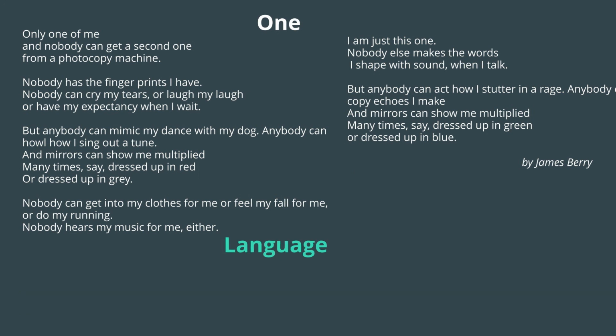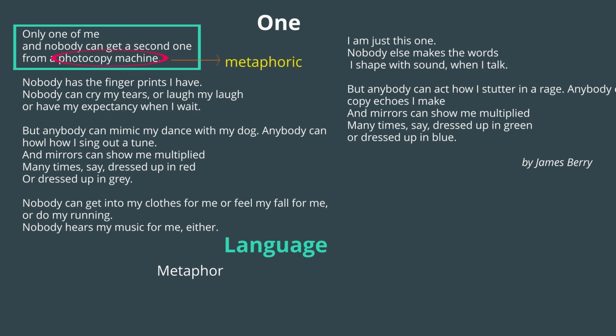Language. As early as stanza 1, the poet makes use of metaphor. A metaphor lets us see certain specific ways in which two unlike things are similar. In this poem, the poet's use of photocopy machine is for us to think of mothers giving birth compared to the process of a copy machine producing duplicates.